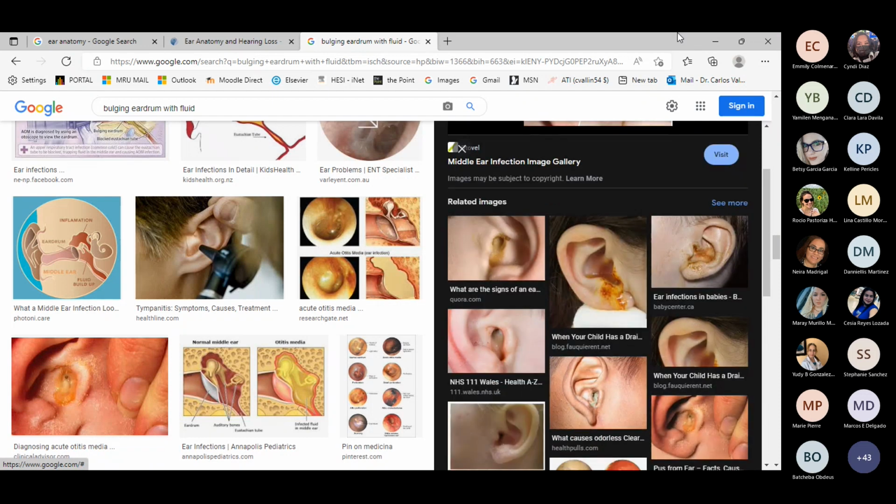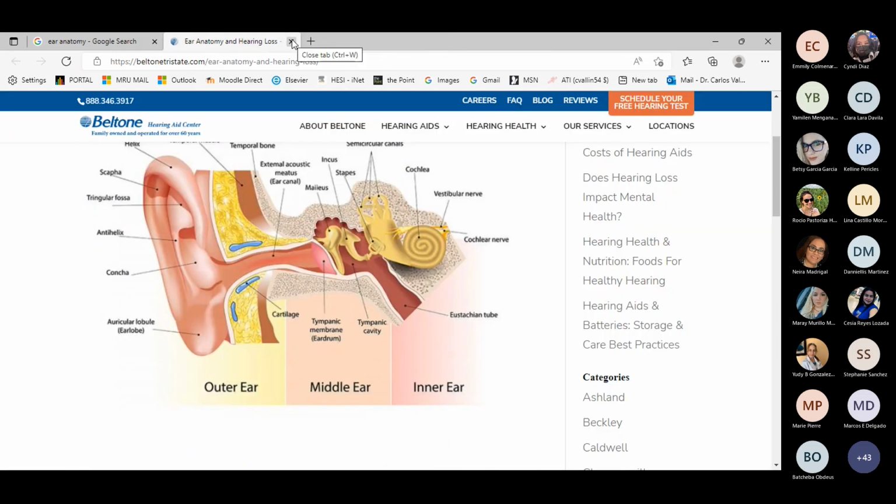Are we good? We learned with that? Okay. So let's close here. Remember that this is the Eustachian tube. It's not so big like this, but it's communicated with the nose. In infants, because of the anatomy of the head, it is horizontal and short.